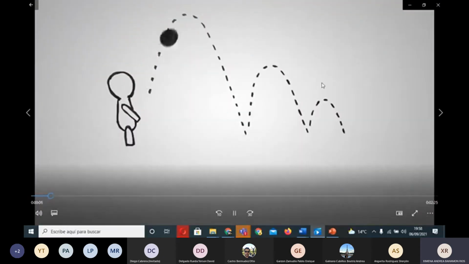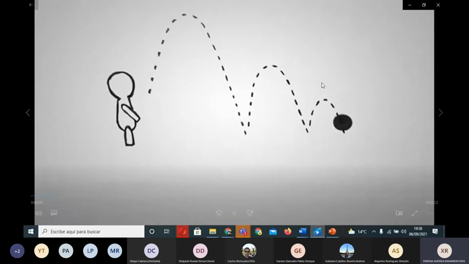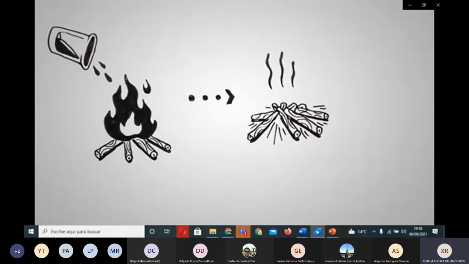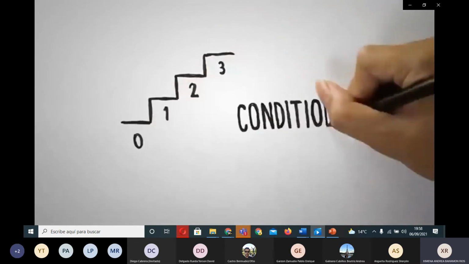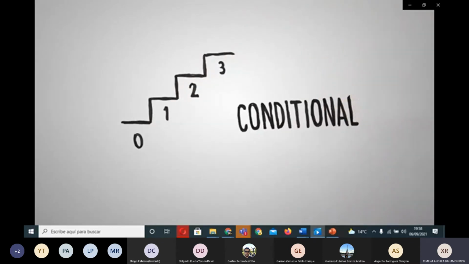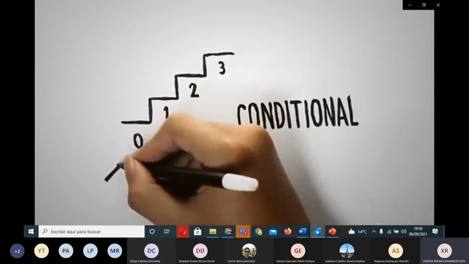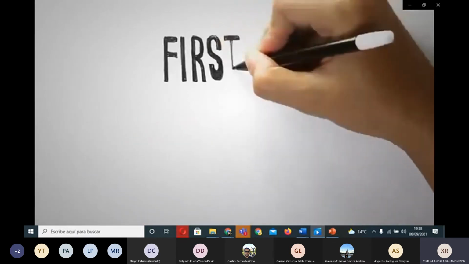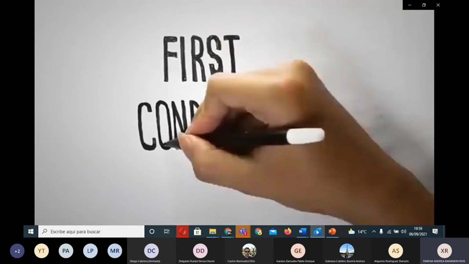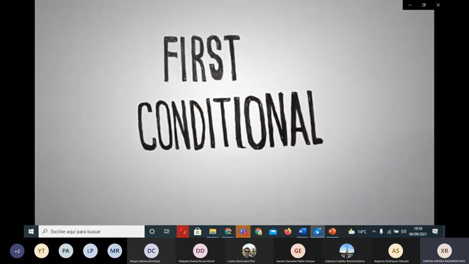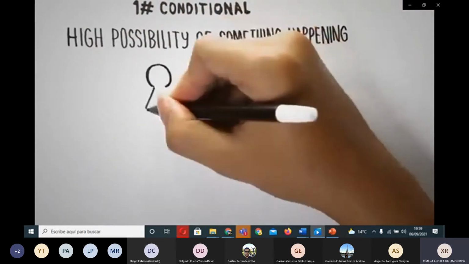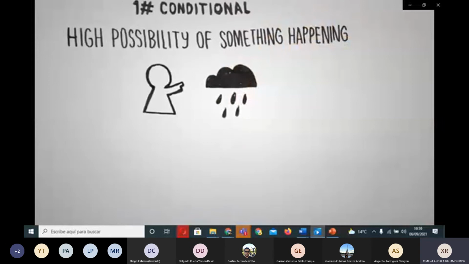If you throw a ball in the air, it falls back down. If you pour water onto a fire, it gets put out. These are sentences that are called conditional sentences. These particular sentences are zero conditionals. Let's look at another type of conditional sentence. First conditionals. First conditionals are used to explain about conditions that have a real possibility of happening in the future.